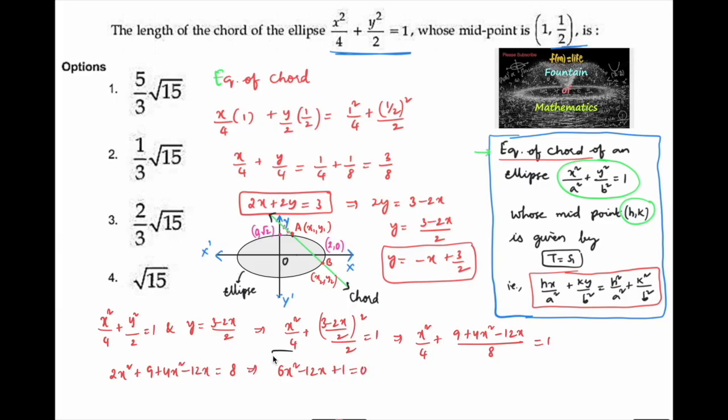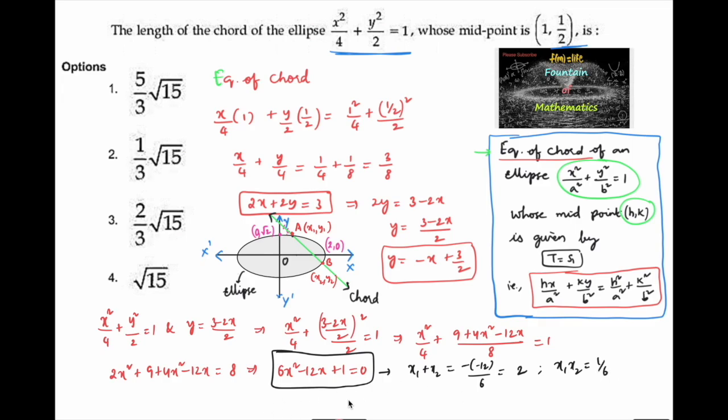So this is a quadratic equation in x, so let us consider x1 and x2 are the roots. So sum of the roots is equal to minus b by a, that is minus of minus 12 divided by 6, which is equal to 2, and product of the roots x1 x2 is equal to c by a, that is 1 upon 6.